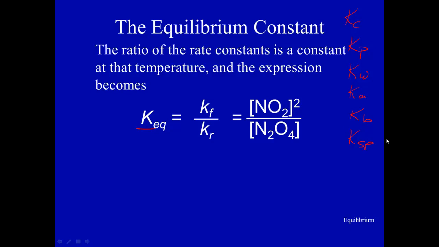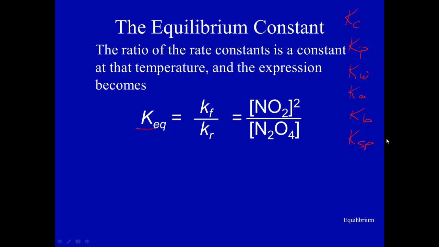And I think I'm leaving a K out, but you can see there's a lot of different Ks. And really all it comes down to is they're all an equilibrium constant. We're maybe just being a little specific and saying, oh, this one happens to be for concentration and that one happens to be for pressure.